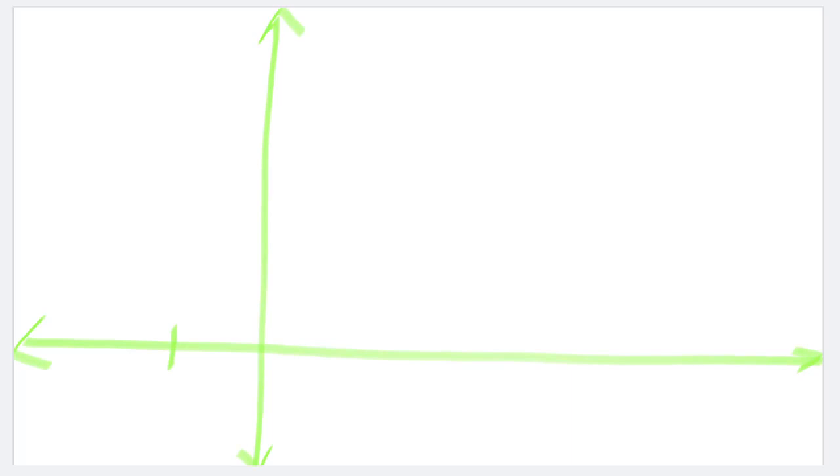Okay, so negative 1, 1, 2, 3, and then 1, 2, 3, 4, 5, 6. Okay, so this is 2, 4, 6. And this is negative 1, this is 2, 1, 2, 3.